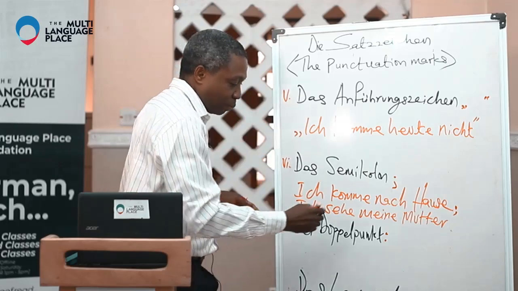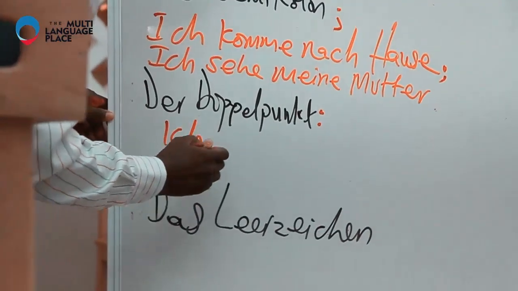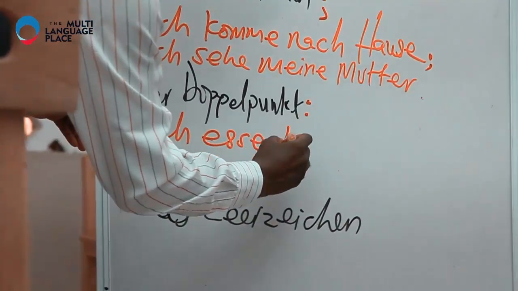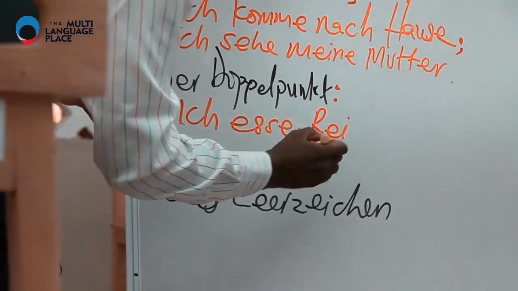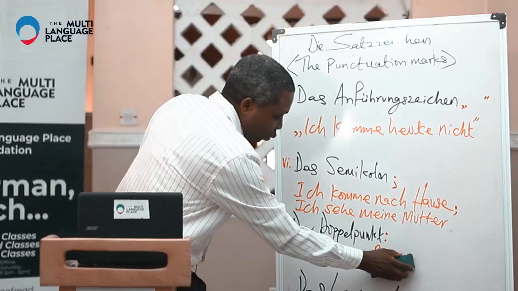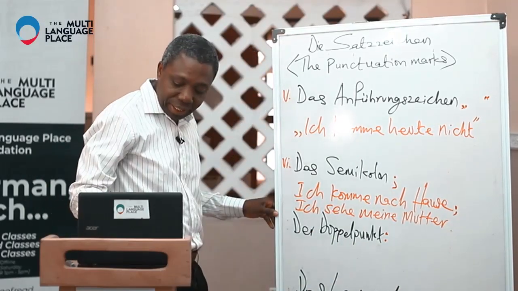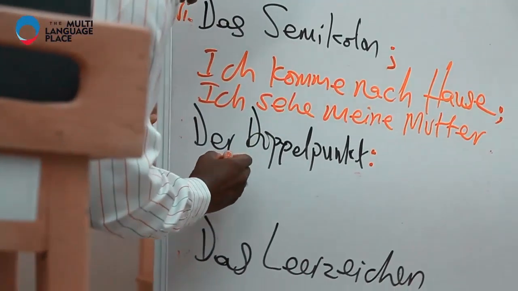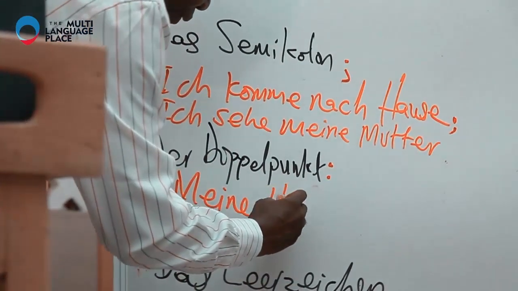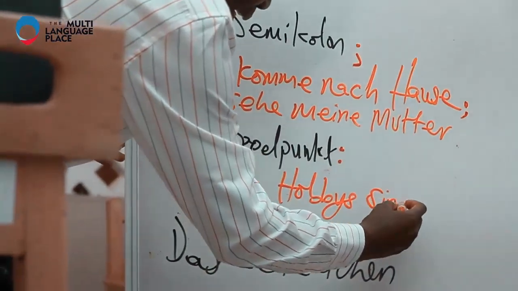Let's use the sentence we're familiar with, which is about the hobby. Meine Hobbys sind, and then now we want to itemize.